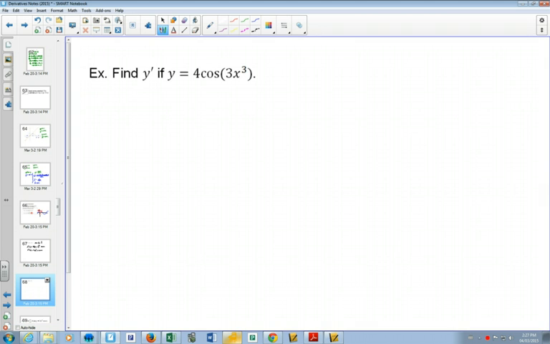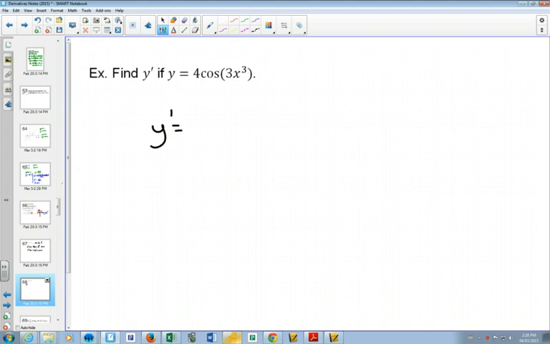Can you see any functions inside of other functions? Okay, you see there's a 3x cubed inside of a cos. So if we worked our way from the outside in, the first function we would hit coming from the outside in would be the cos. What's the derivative of cos? Negative sine.